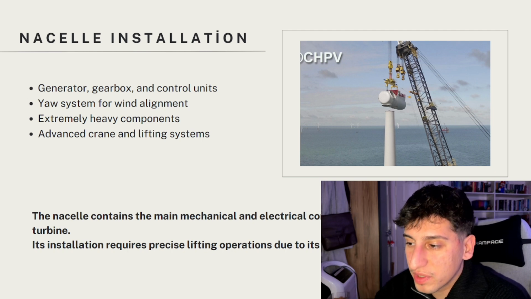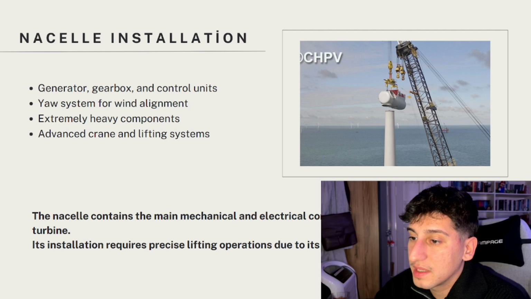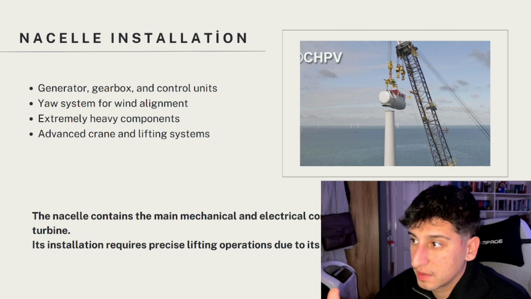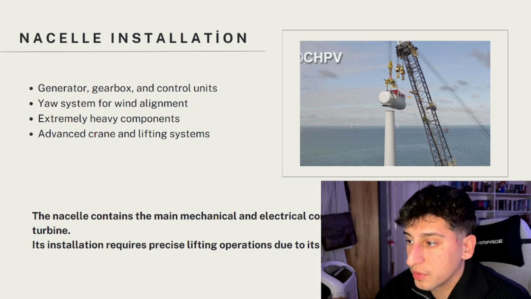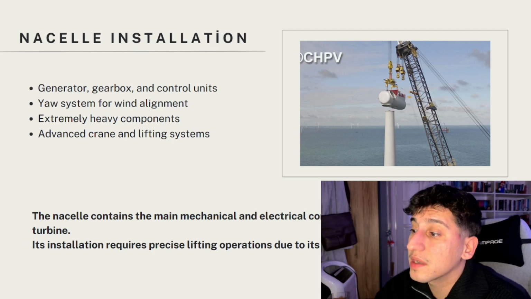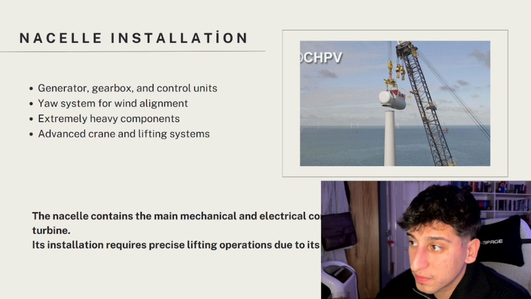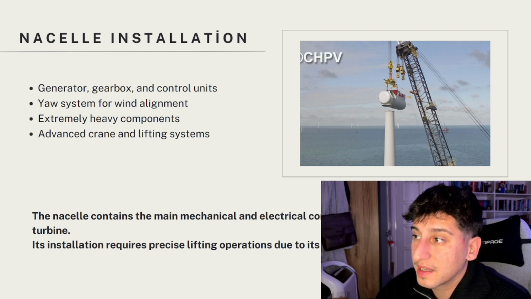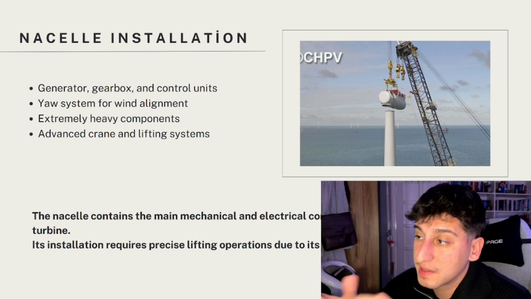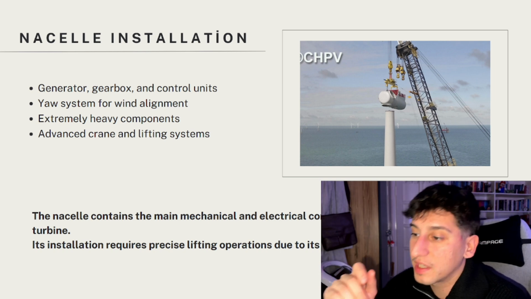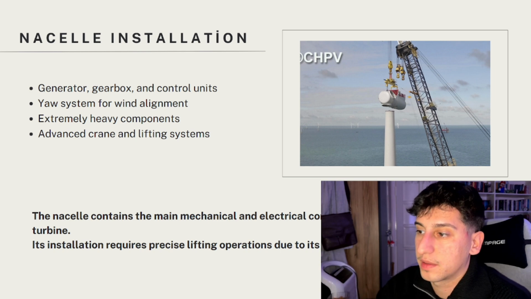Nacelle installation is really important because it is the center of the wind turbine. It is basically the belly of the motor, and it is mounted on top of the tower using a yaw system, as we can see in the picture. This allows the nacelle to rotate and face the wind correctly, and it's really important for the wind turbine.